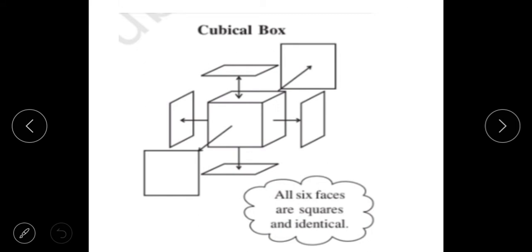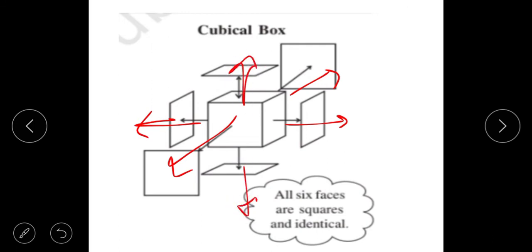All the six faces are in the form of a square and all these six squares are identical to each other.